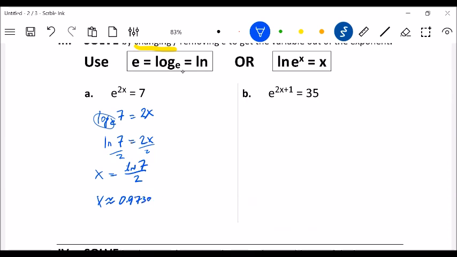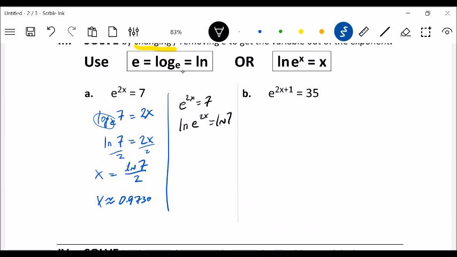There's another way to look at doing this too. I can take this original and apply natural log to both sides of it. When you do that, one of the rules is that natural log of e cancels itself out, because it's the same thing as log base e of e, and when the base and the argument are the same, the whole thing is equal to 1.